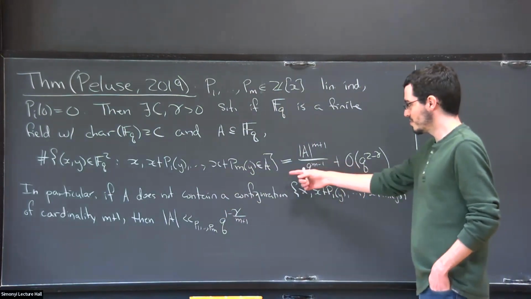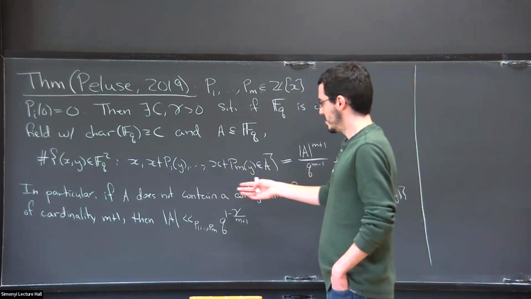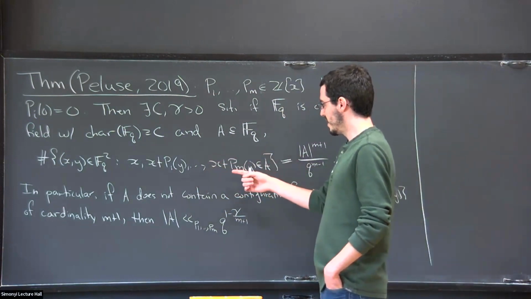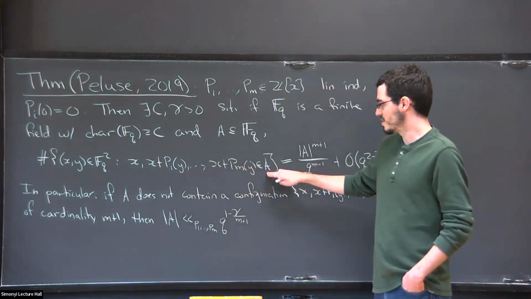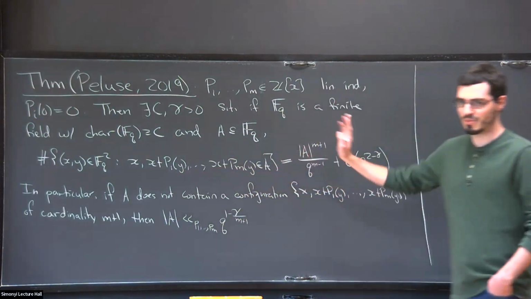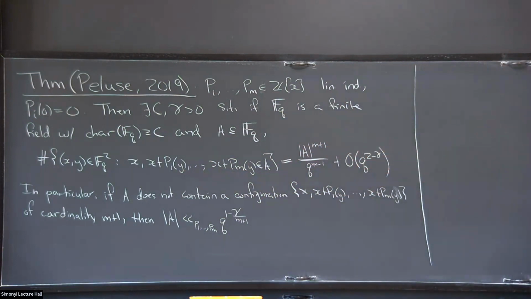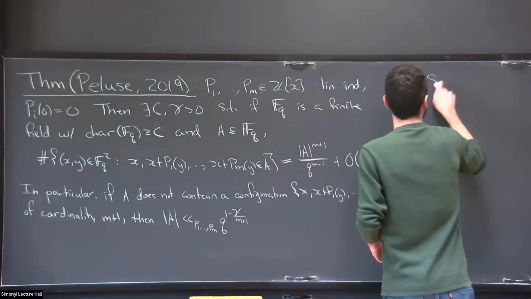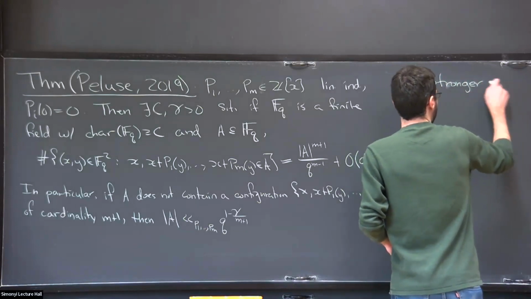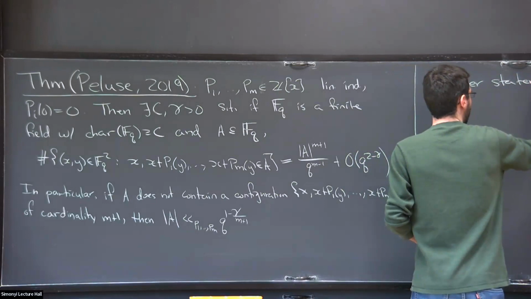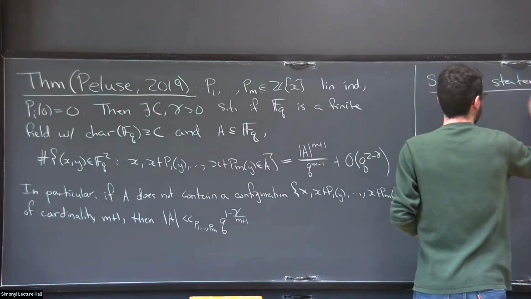To actually prove this result, there's some induction process, and it's easier, instead of looking at configurations lying all in the set A, to do something in terms of some multilinear expression in terms of functions. So a stronger version of this theorem, which also appears in that paper, is the following.